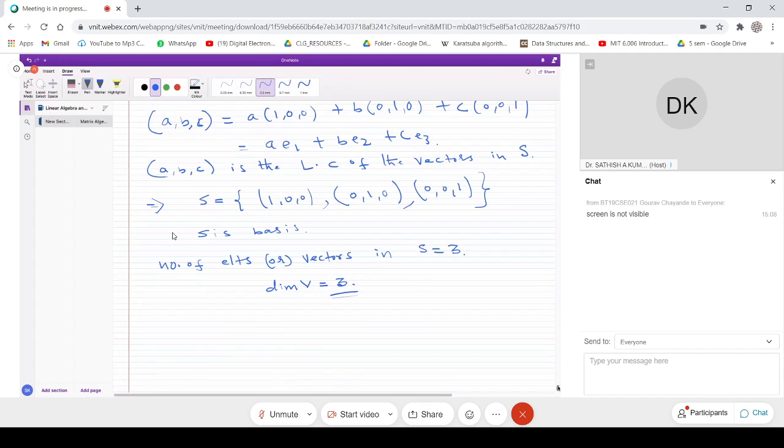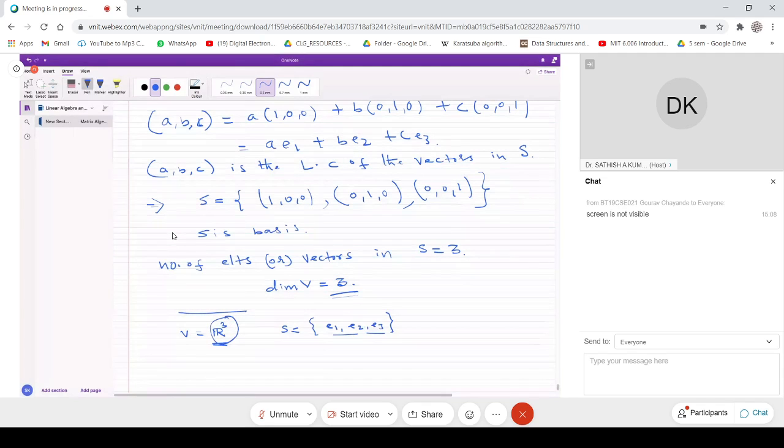Suppose V is R3, and you also have a subset with three elements only, say e1, e2 and e3. If the three vectors are linearly independent, that is sufficient.